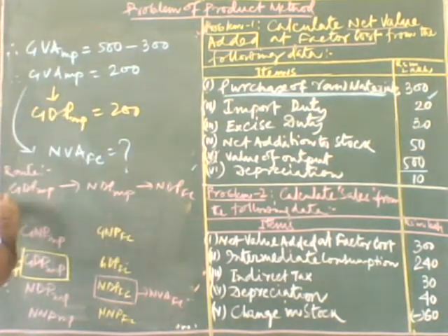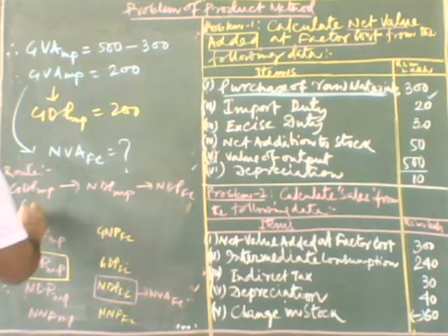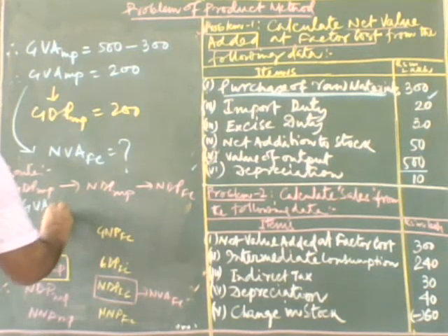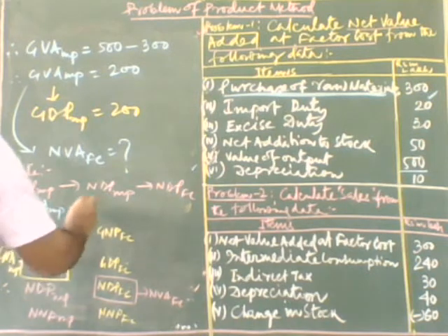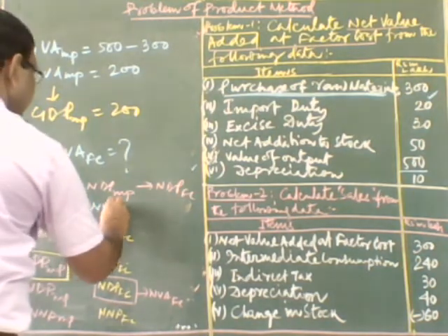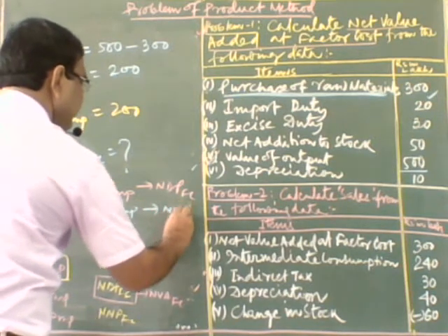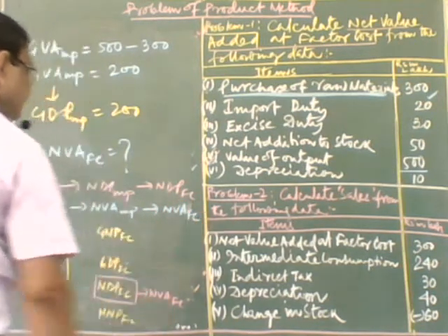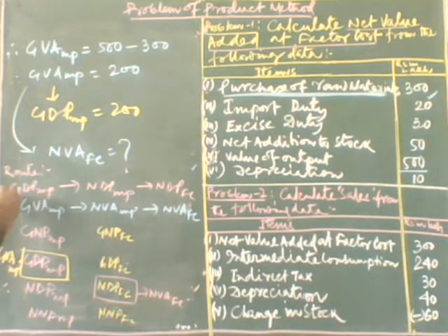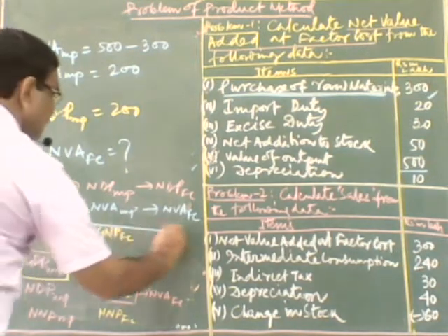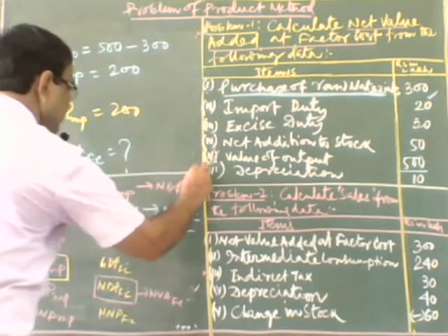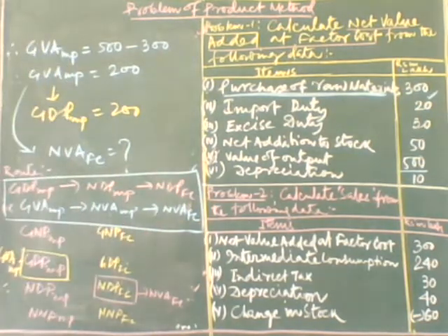That is, GVA market price to NVA market price to NVA factor cost. Only this route we have to follow whenever we have to calculate the value of net value added at factor cost.